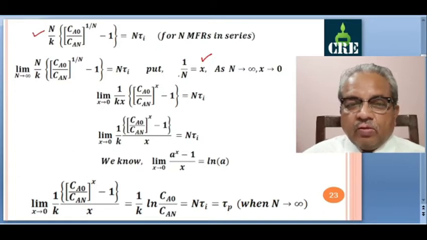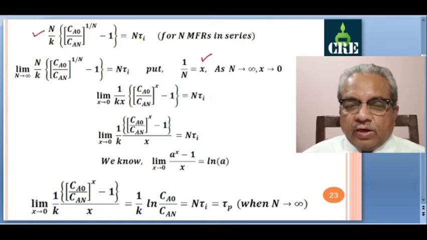X is 1 by n, Ca0 by Can is raised to x. This 1 by k is there, and n is replaced by 1 by x. So the limit as x tends to 0 of 1 upon kx into the bracket Ca0 by Can raised to x minus 1, is equal to n tau i.